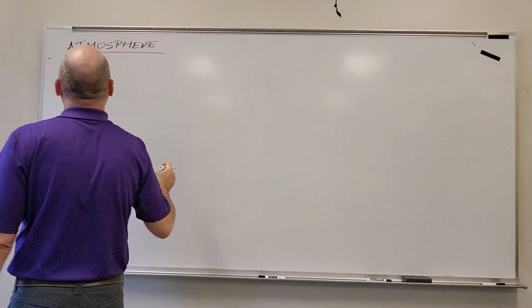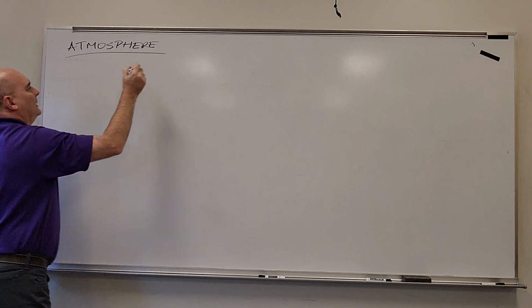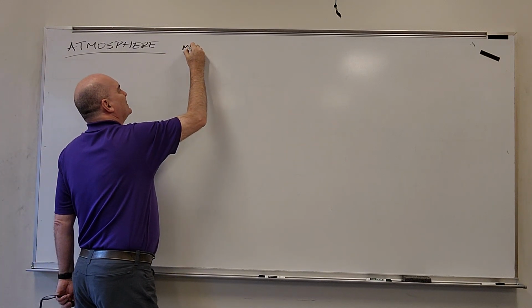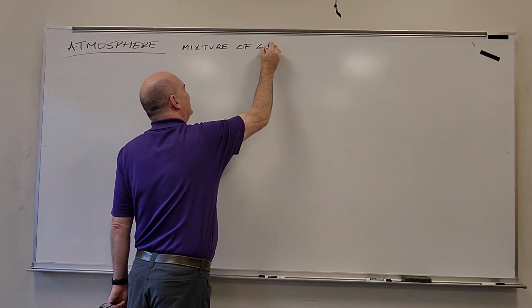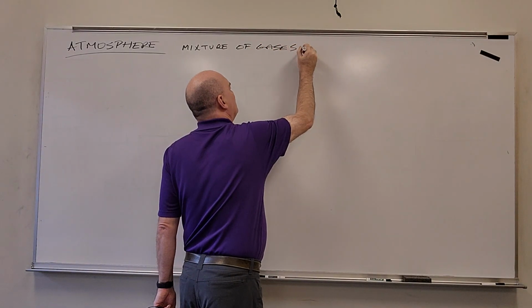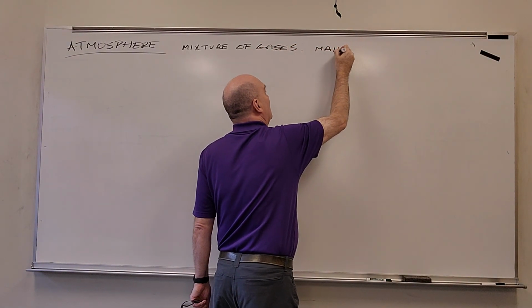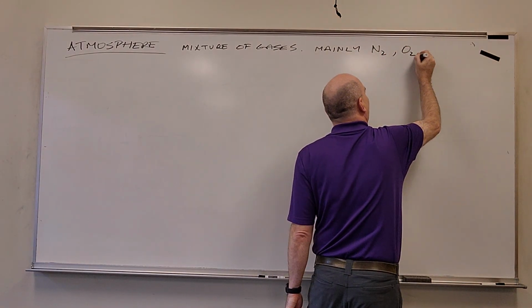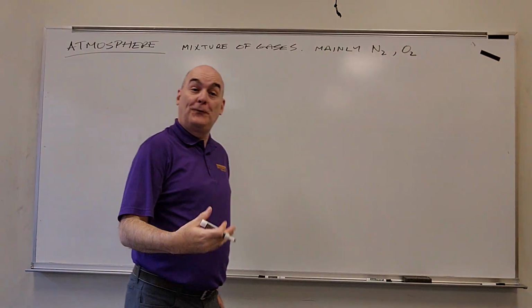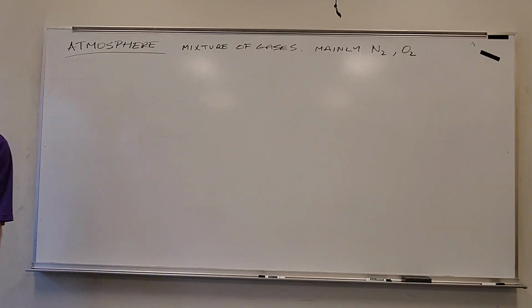So we've previously established that the atmosphere is a mixture of gases and that it is mainly dinitrogen and dioxygen, using the full chemical name for nitrogen and oxygen.